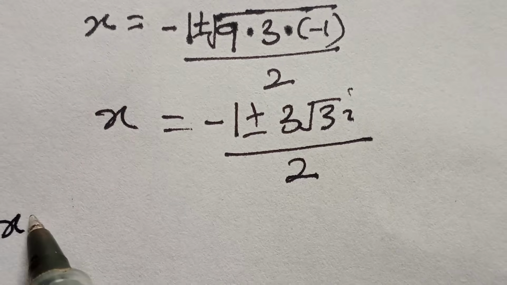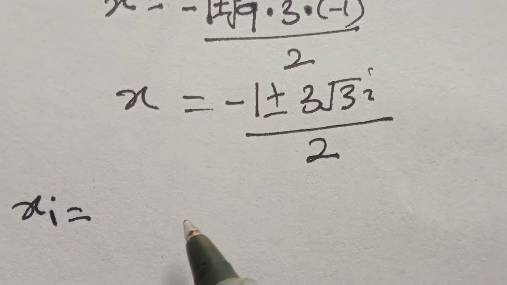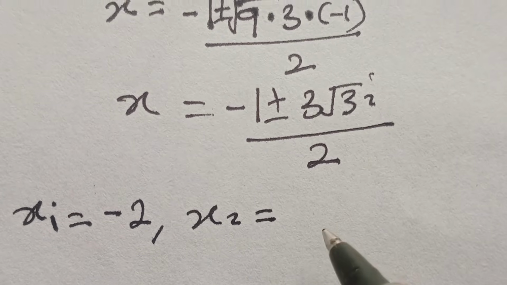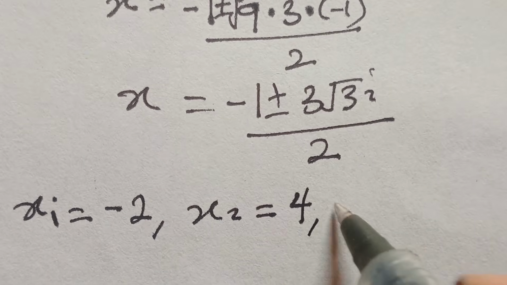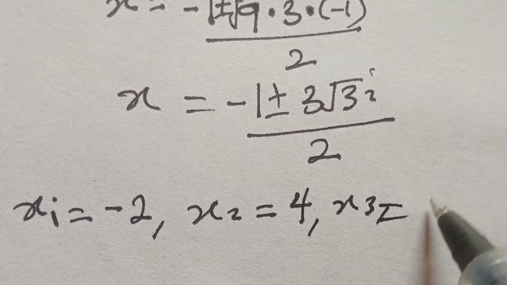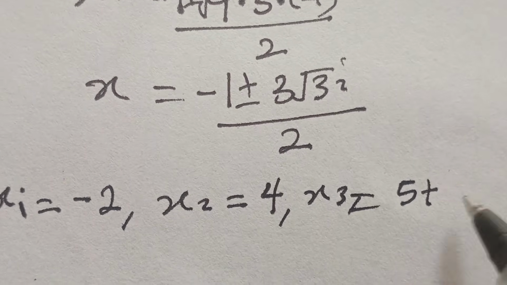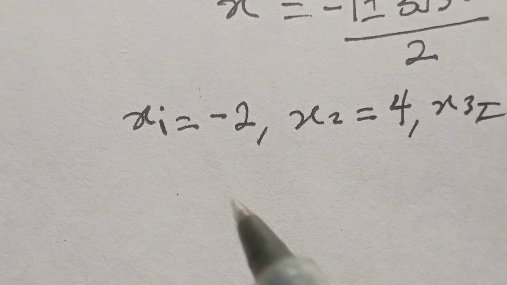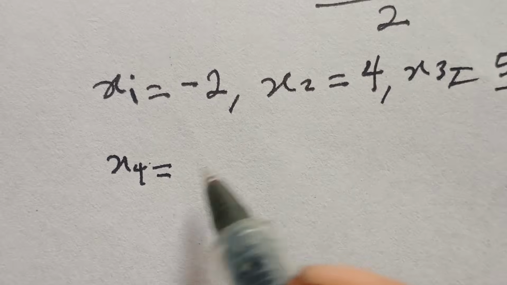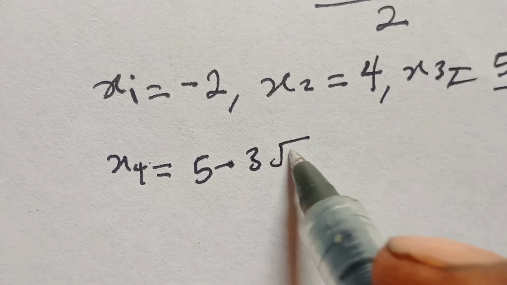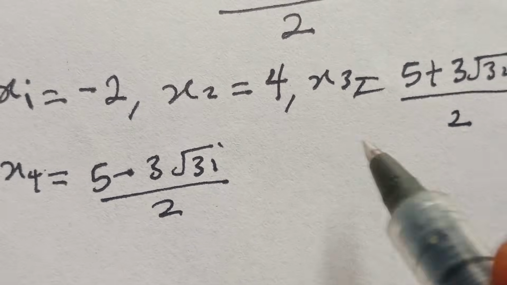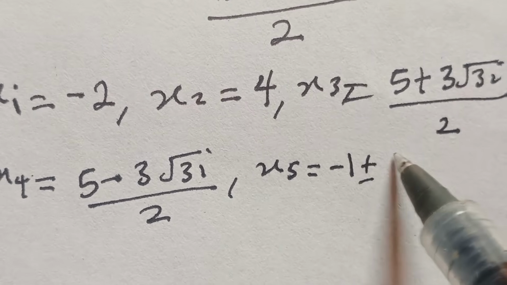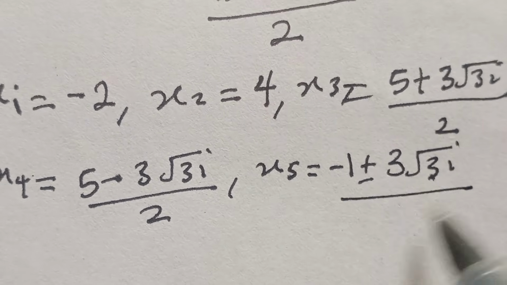So therefore our x1 will be equal to minus 2. x2 will be equal to 4. x3 will be equal to 5 plus 3 square root of 3i divided by 2. x4 will be equal to 5 minus 3 square root of 3i divided by 2. x5 will be equal to minus 1 plus 3 square root of 3i divided by 2.